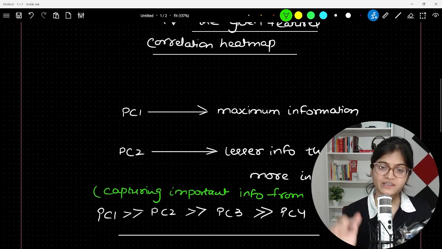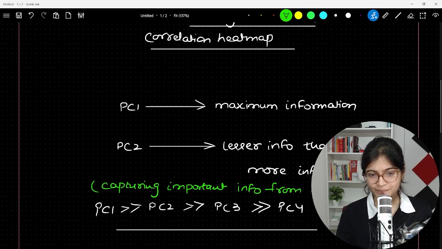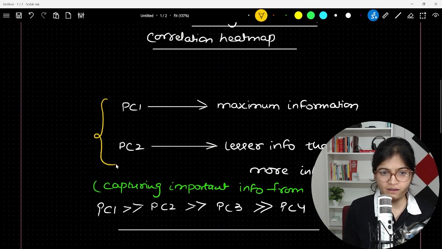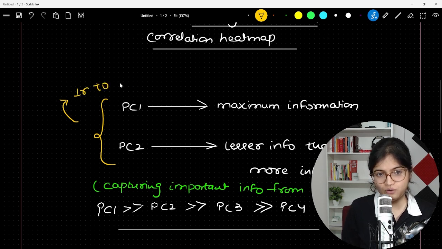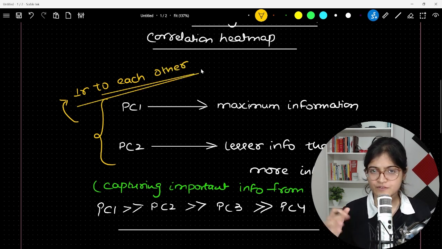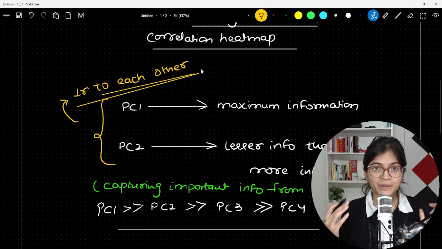Now, the next important part we have to understand is that PC1 is there, PC2 is there, and they are also perpendicular to each other. All the components that we have, whether PC1, PC2, PC3, PC4, depending upon how many components we have, the important property is that all these PCs will be perpendicular to each other.